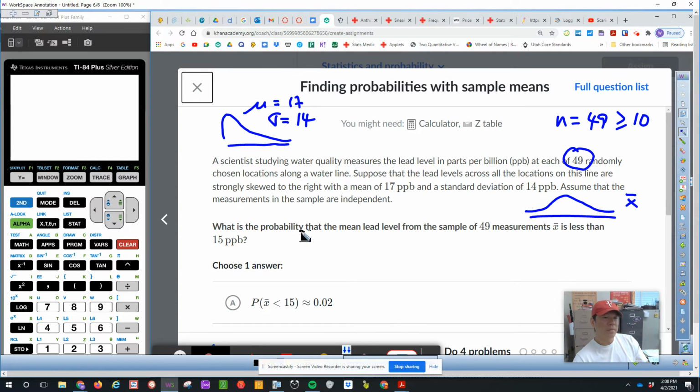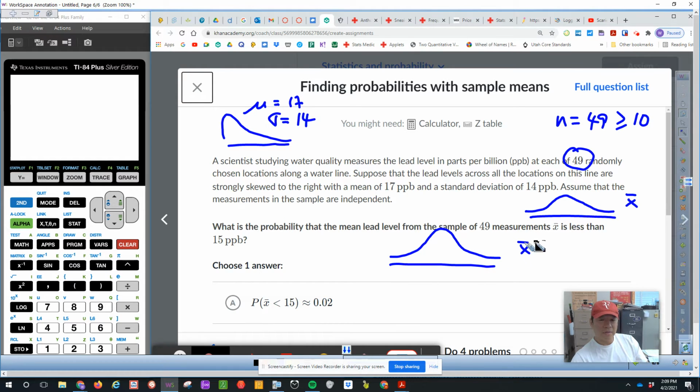What is the probability that the mean lead level from the sample of 49 measurements, x bar, is less than 15 parts per billion? So we have to, first of all, understand.